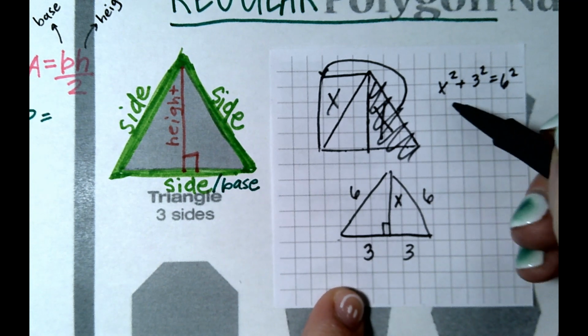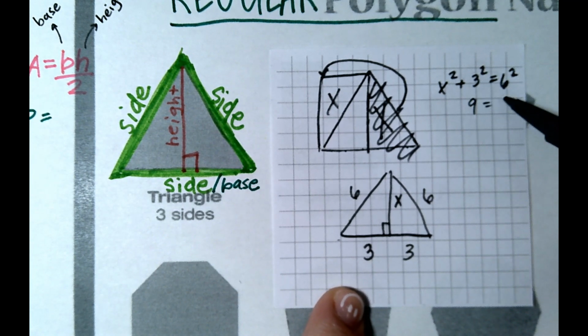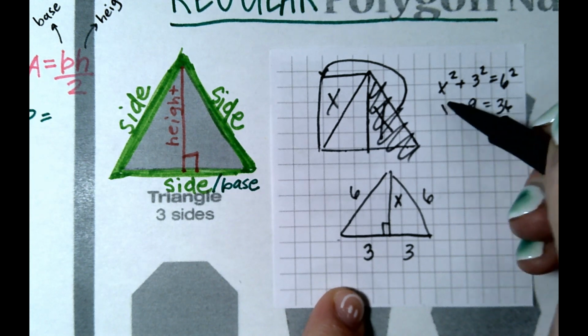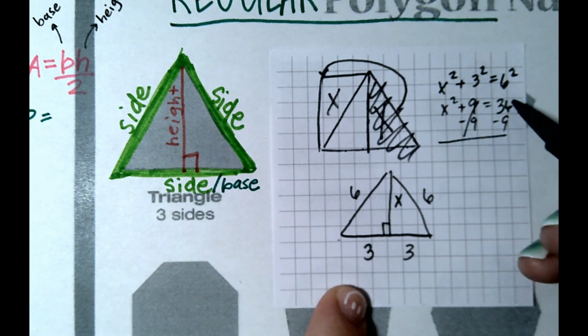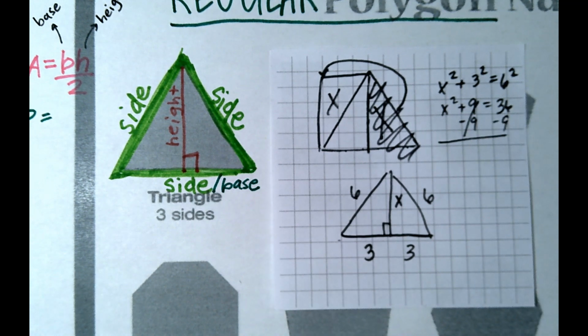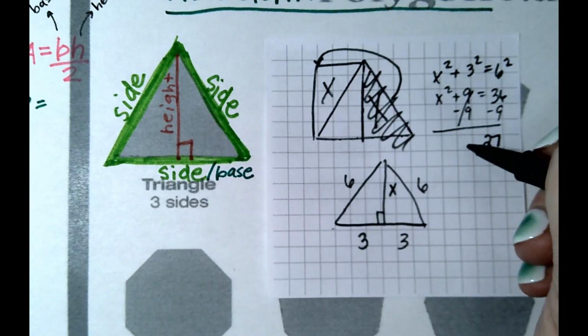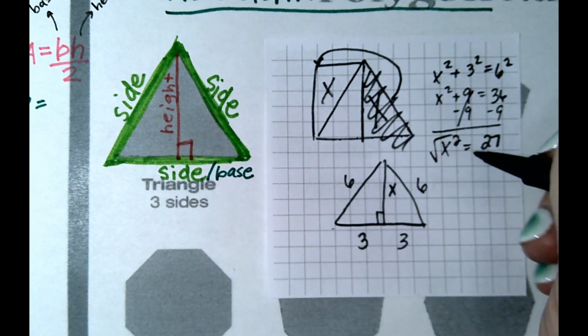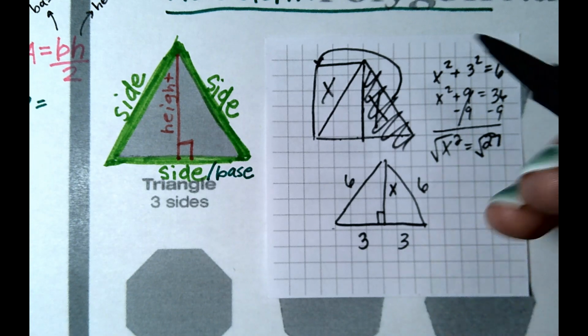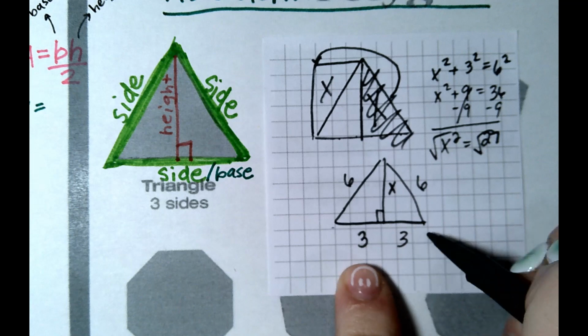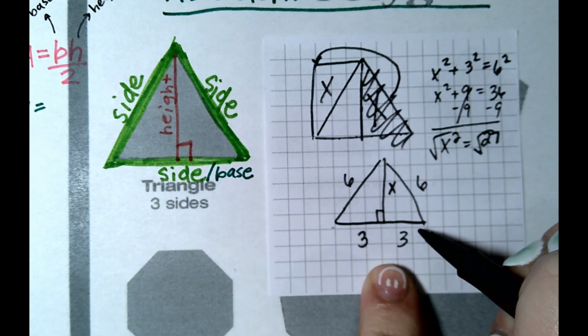We're learning. Okay, so 9, 36, x squared equals 36 minus 9. I can't do mental math. 27. Square root of that, 5.196. Okay, so that would mean my base is 6.